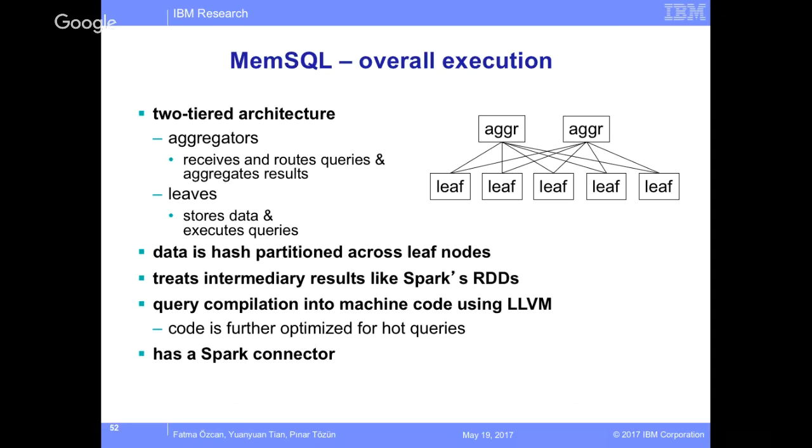Another option for MemSQL, if you want to use it for HTAP, is a Spark connector, but you might be accessing the data with more latency because it's no longer a single engine anymore.